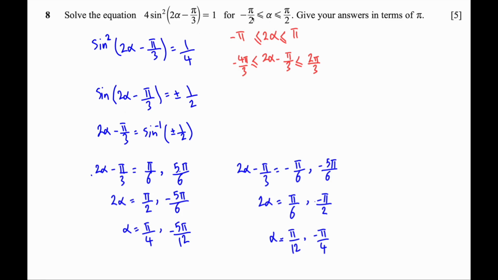Since alpha is bounded between negative pi over 2 and pi over 2, therefore 2 alpha should be between negative pi and pi. And then if you just subtract pi over 3 from all sides, so now this is what I'm targeting for.